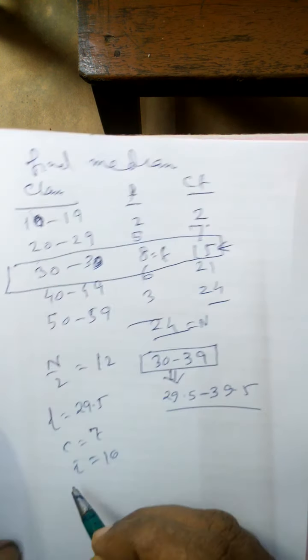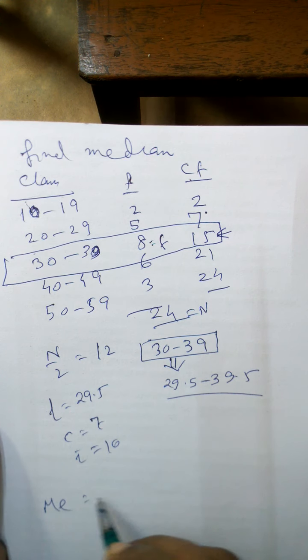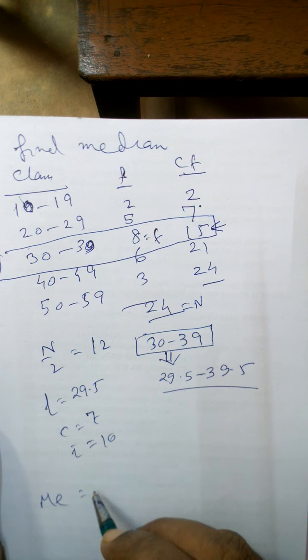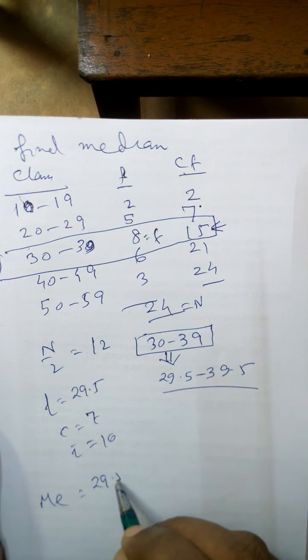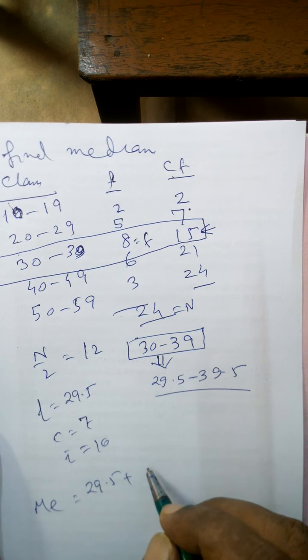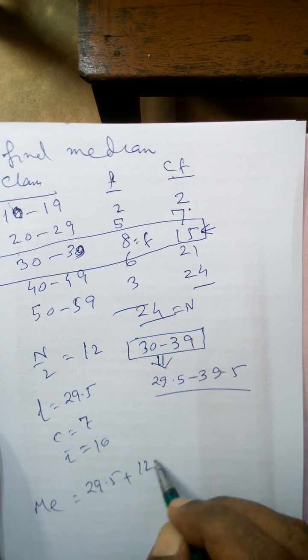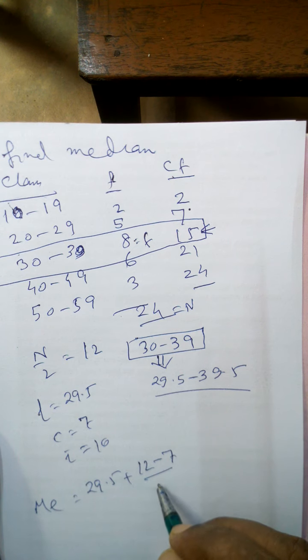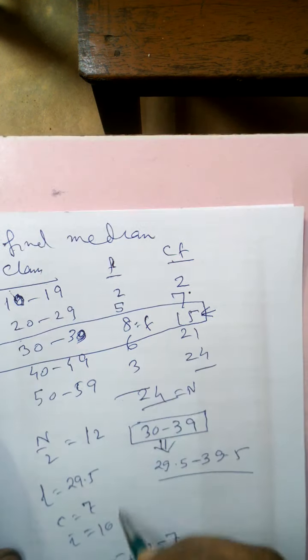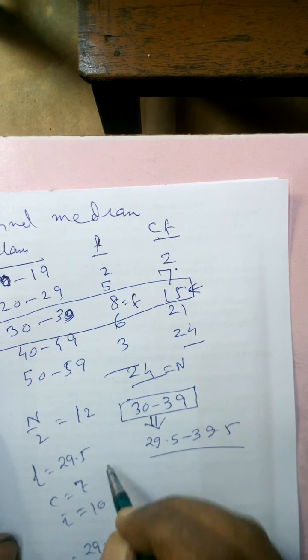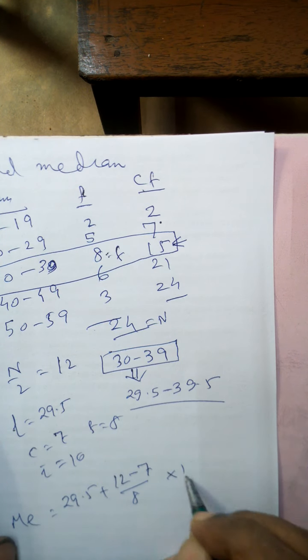All you have found, then the formula of median is L plus n by 2 minus C, by frequency, into the interval. L is 29.5, plus n by 2 is 12, minus C, 7, by frequency 8, and the interval is 10.